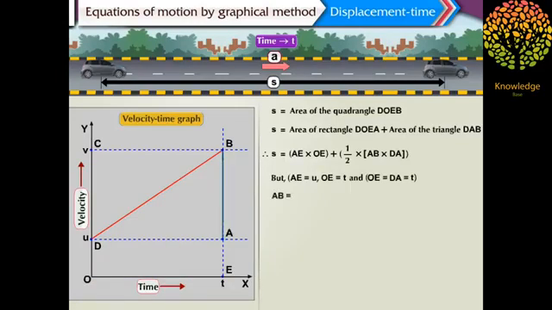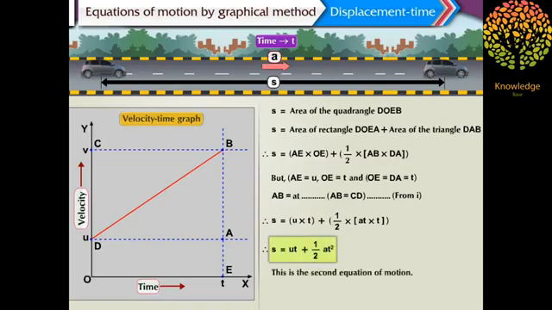AB is equal to at. Since AB is equal to CD from equation 1, therefore s is equal to u into t plus 1 upon 2 at into t. Therefore, s is equal to ut plus 1 upon 2 at square. This is the second equation of motion.